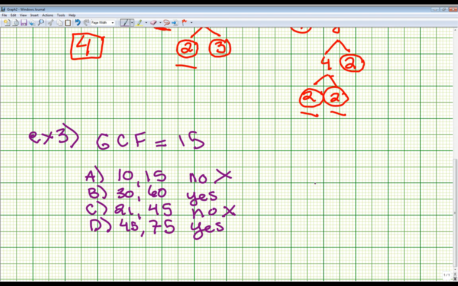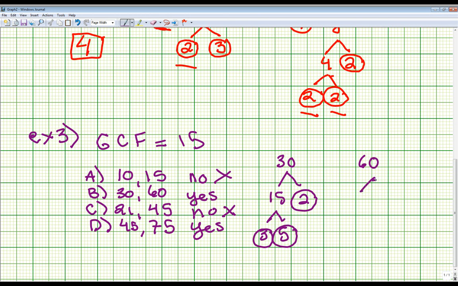If we factor tree out the 30 and the 60, we could go 15 times 2. That's prime. And we could go 3 times 5. Okay, so those are all primes.